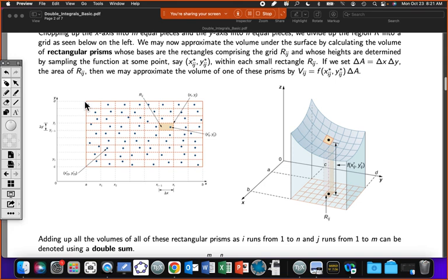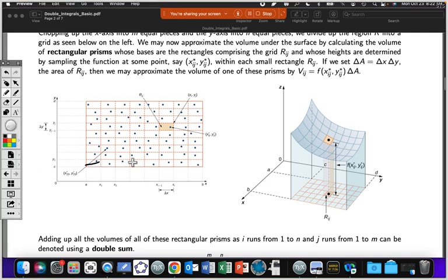And because continuity works the same way it did in Calc 1 or AP Calculus, it's not going to matter which points you pick as long as you guarantee that those little squares get smaller and smaller. One way to force that to happen is to force the diagonals of these rectangles to go to 0. If the diagonals of the rectangles all go to 0, that's going to shrink those rectangles down to individual points. So no matter where you've picked a point in the rectangle, they'll all go to the same place.